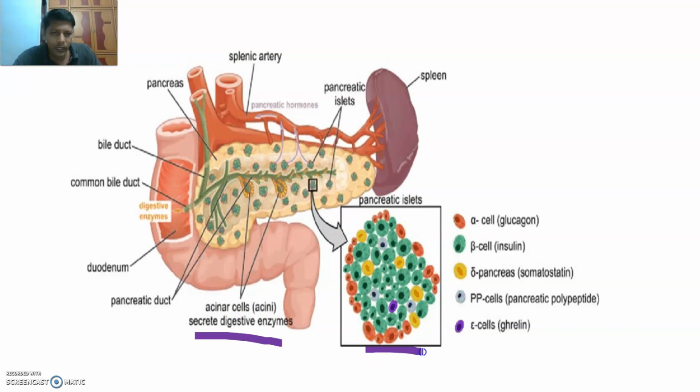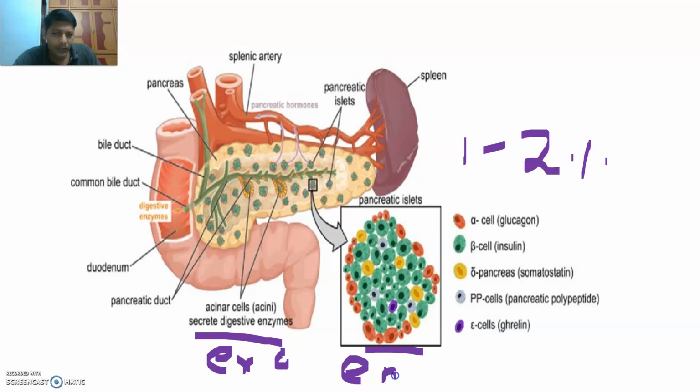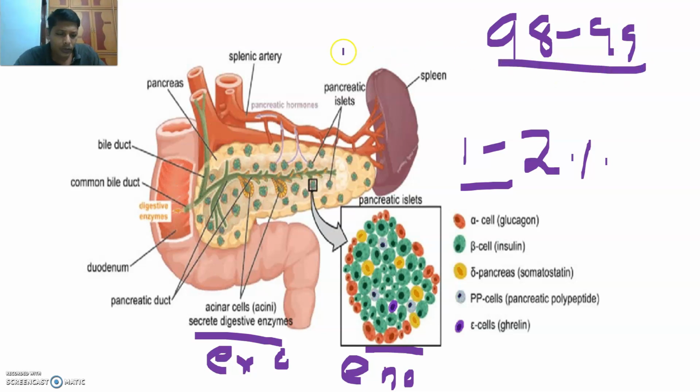The endocrine portion of the pancreas is just 1 to 2% of the total pancreas. That means the larger portion is occupied by the exocrine part. The endocrine part is just 1 to 2%, and 98 to 99% is the exocrine part.